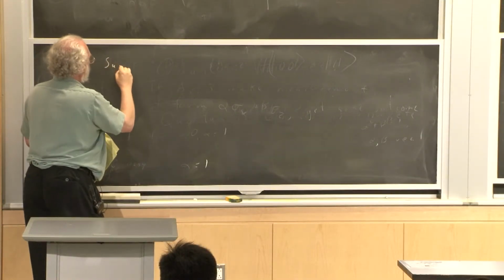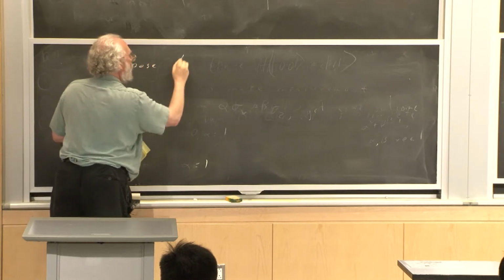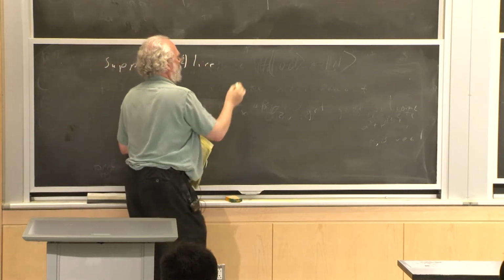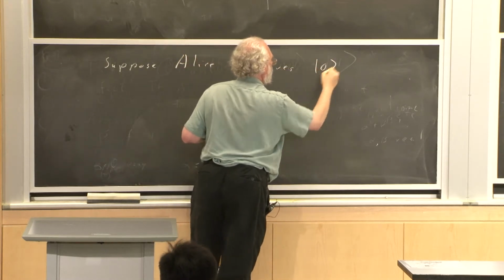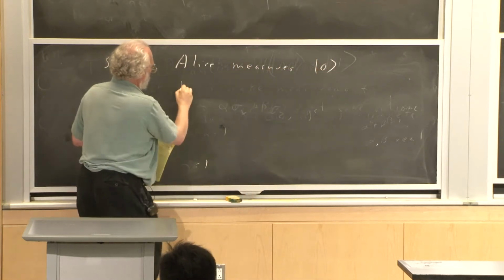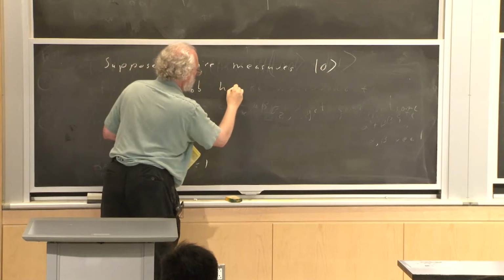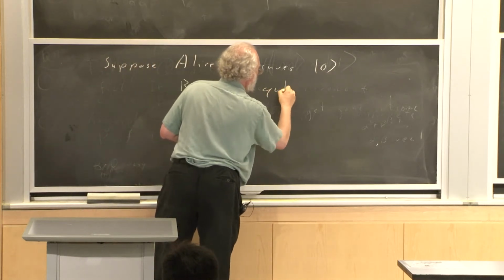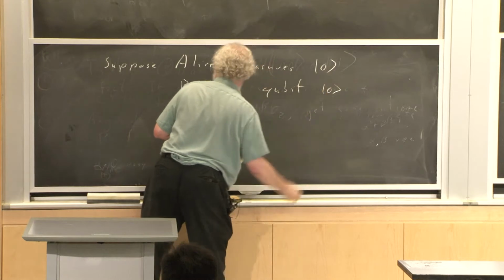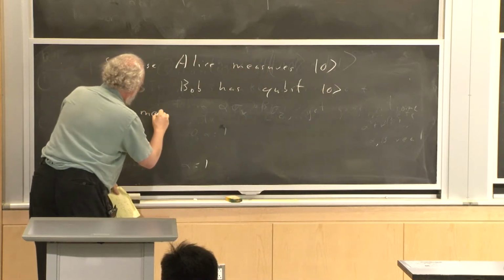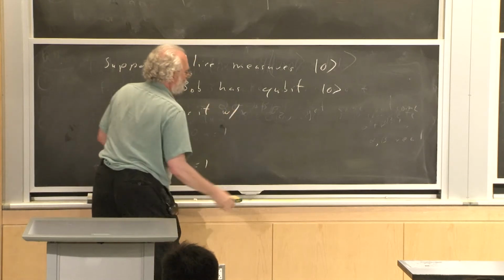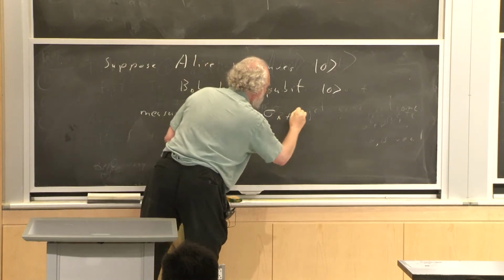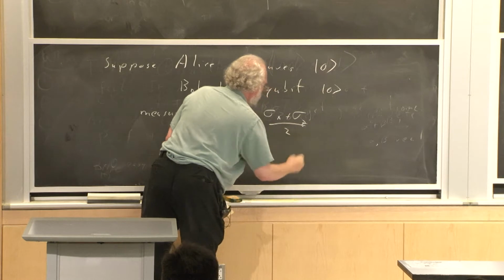So suppose Alice measures 0. Then Bob has qubit 0. He measures it with sigma x plus sigma z over root 2.